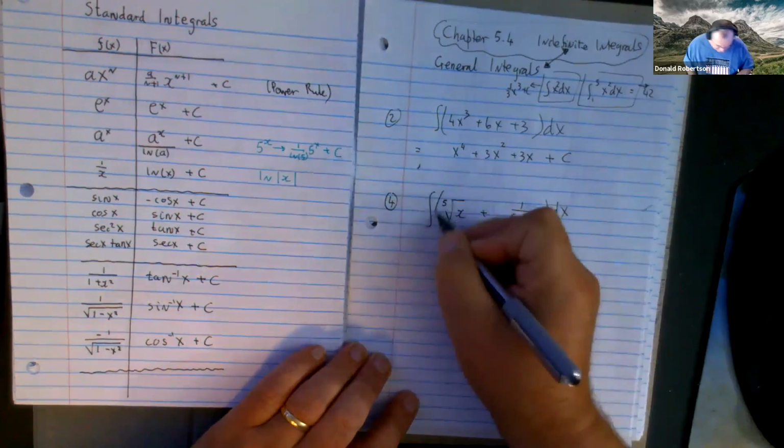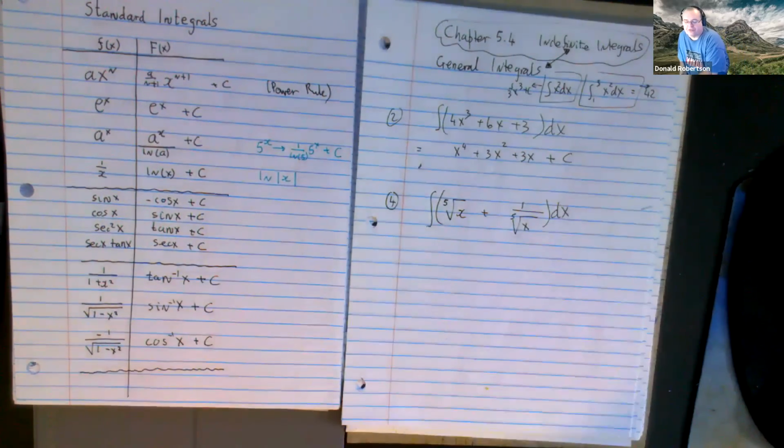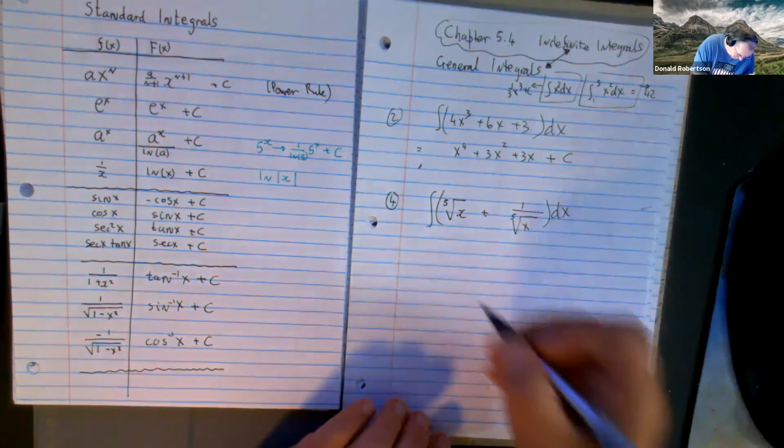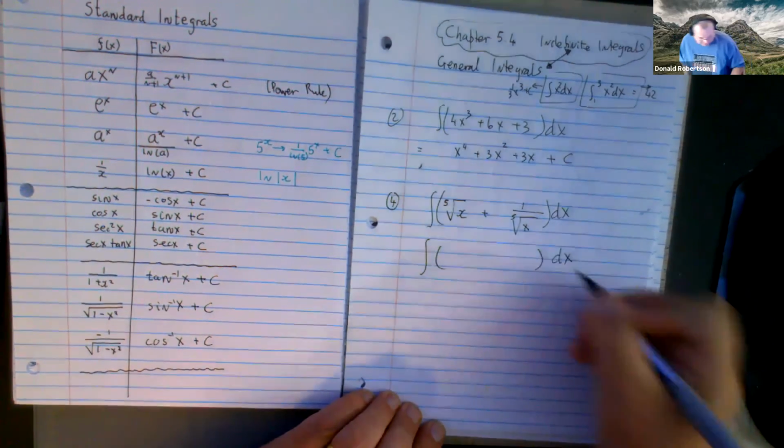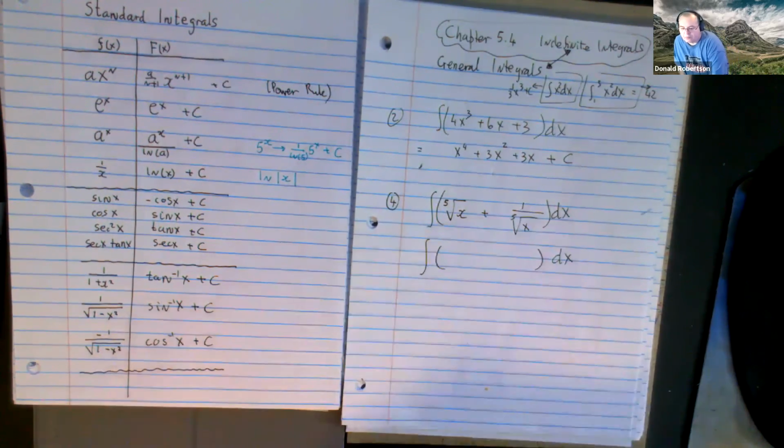So this integral is going to be the one with the plus C's when we're finished. Any ideas what the next line is going to look like? Because I can tell you right now, there's no way I'm going to be able to integrate those guys the way they're written. Agreed? So I've got to figure another way to write them, and then I can find their antiderivatives, I can integrate them.